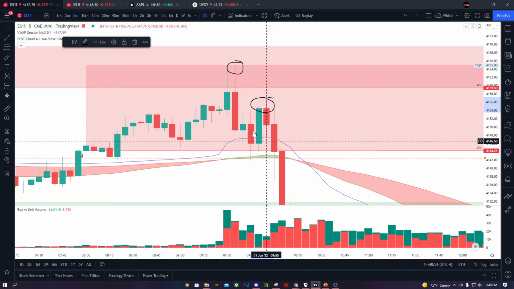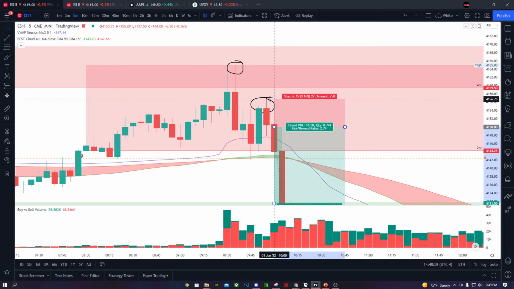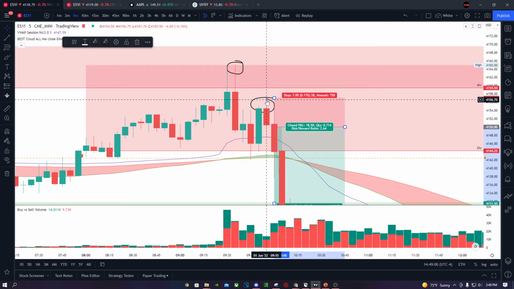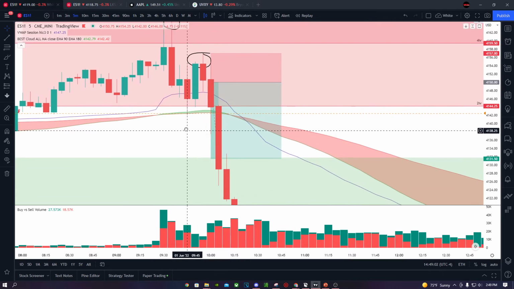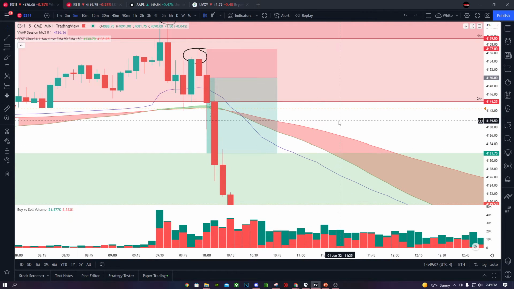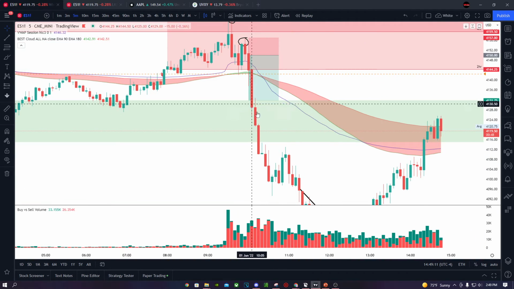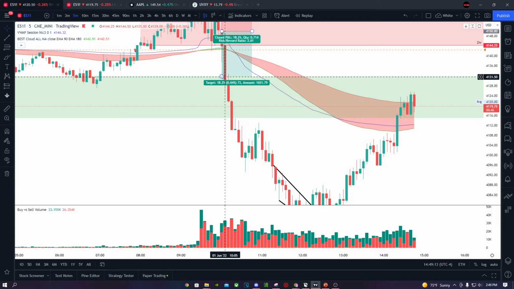Volume starts to pick back up, sellers start to kick in. Take that short right there. Set your stop loss above this candle, right around a 7-point stop. Set your target at demand. That's your ideal target, is demand, right? And we hit that. And maybe you scale some out at demand and leave some unless you see some big buying come in.